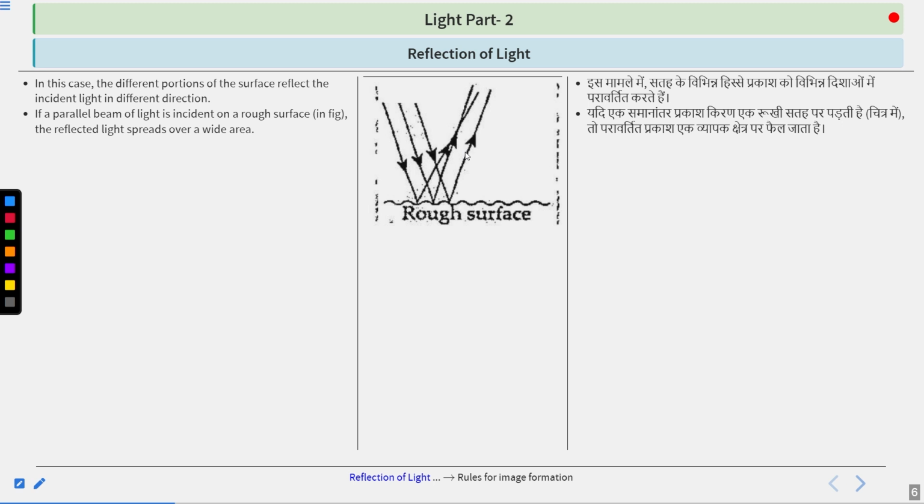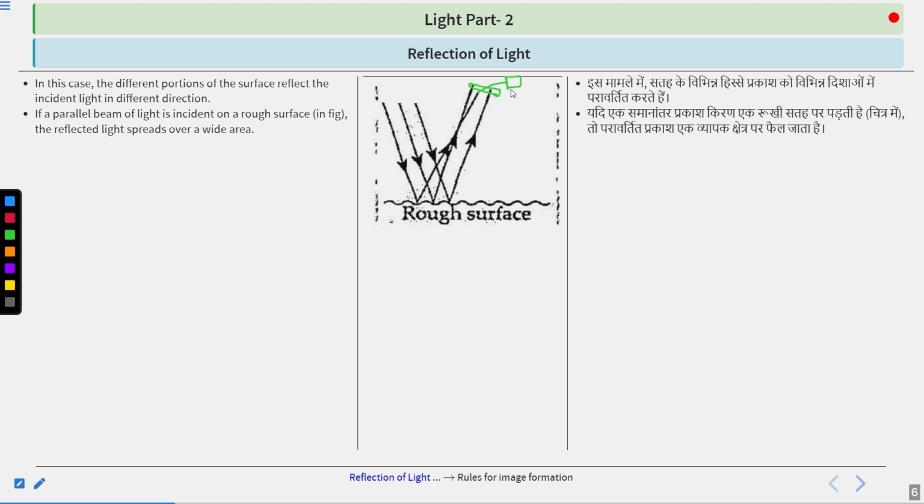If a parallel beam of light is incident on a rough surface, the reflected light spreads over a wide area. Okay, why? Because the light is not parallel and even the direction is not the same. So if we go by the previous example, the object would only be visible in the northeast direction. But here some rays are also going beyond it.